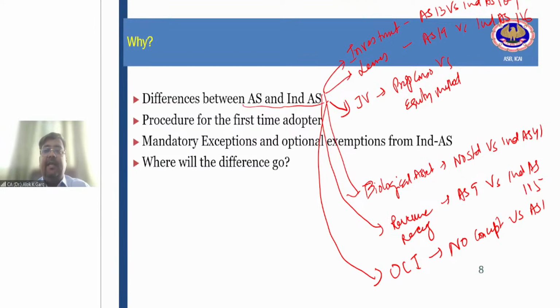I have told you that for any GAAP transition, the requirement is to apply the rules and provisions of the new GAAP retrospectively from the inception of the transaction. Don't you think it is next to impossible to go back in time and apply the provisions of new Ind AS from 60 years back or 40 years back or 50 years back?